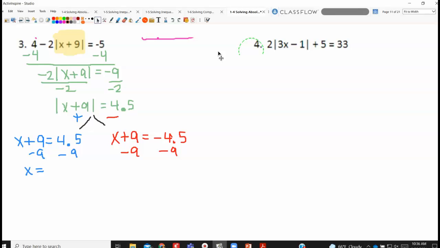So I get x equals negative 4.5 and x equals negative 13.5.